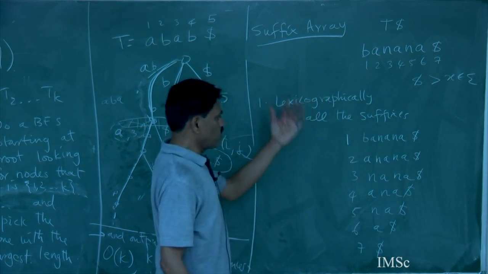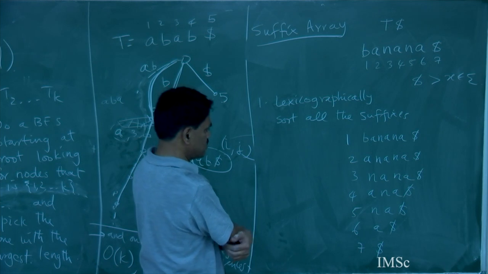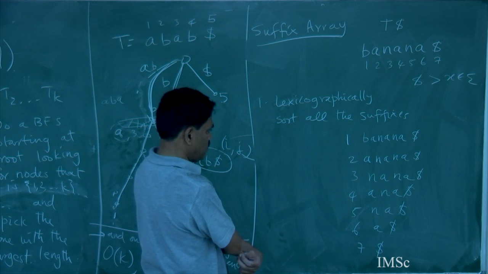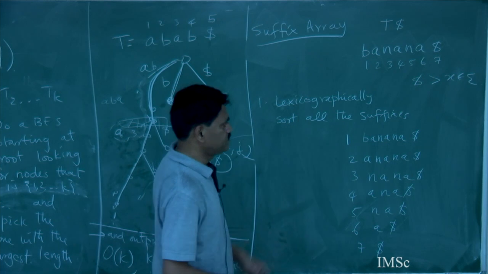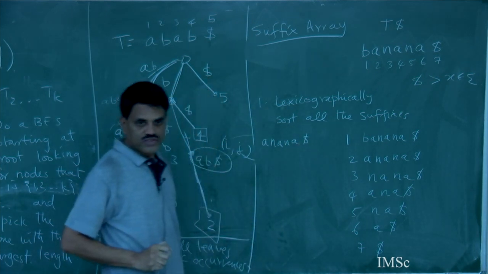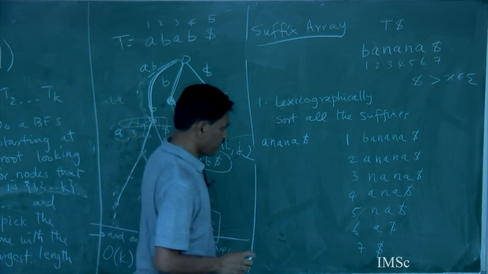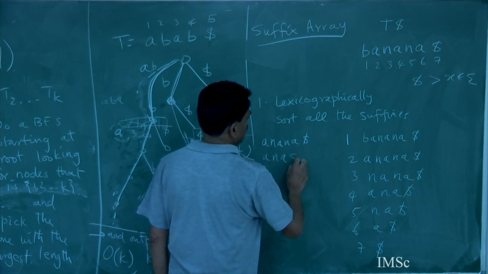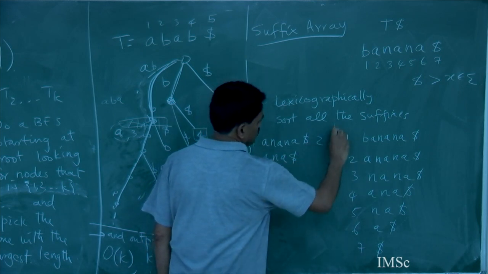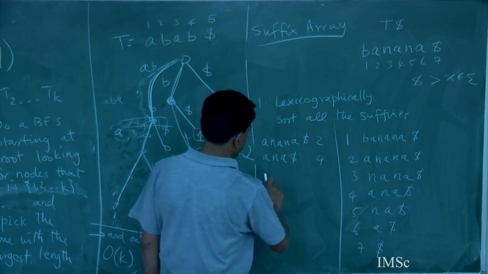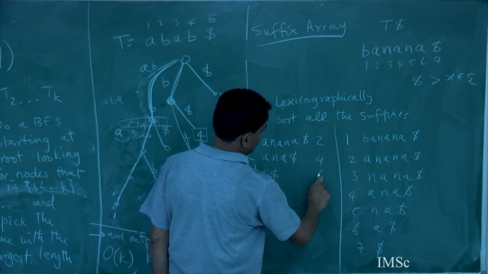Okay, so if you want to sort them lexicographically, what would be the first suffix? Two, right? This is the one which will come first. Then you will have a and a dollar. So this is 4. Then you will have a dollar, which is 6.